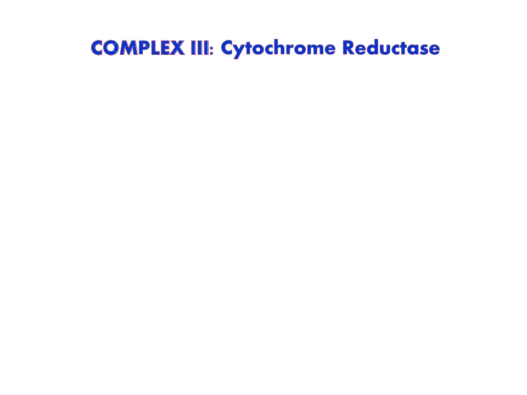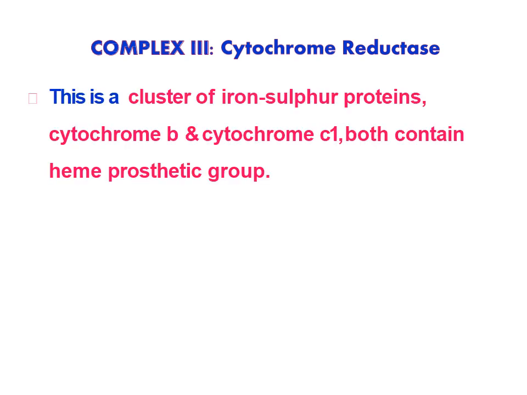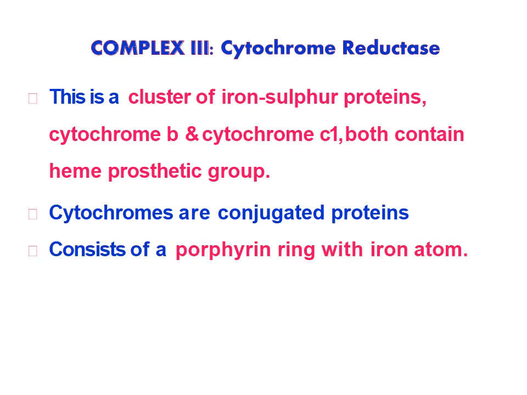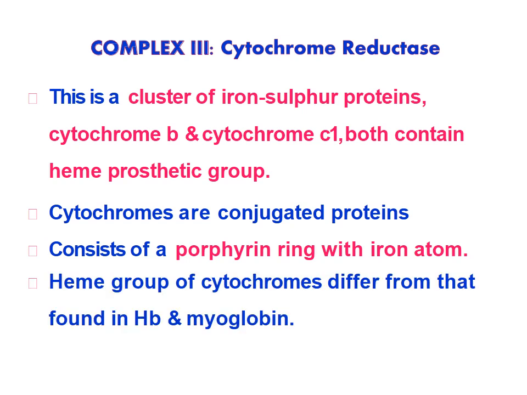Cytochrome reductase, or complex 3, is a cluster of iron-sulfur proteins, cytochrome b and cytochrome c1, and both contain a heme prosthetic group. Cytochromes are conjugated proteins. Since it contains heme, it consists of a porphyrin ring with an iron atom.